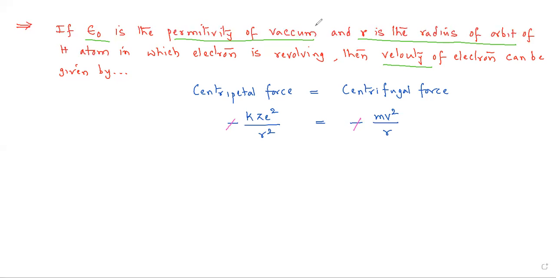Now, come on. Even this R gets cancelled. Yes, we have all the things here. Now this K, as we know, can be given as 1 by 4 pi epsilon naught into Z into e square by R. So that is equal to mv square.